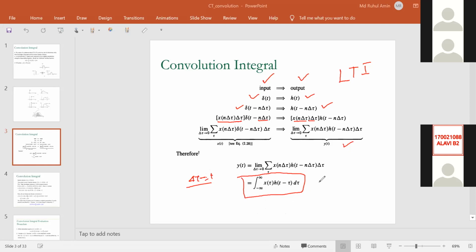We usually write it in short form as x(t) convolved with s(t). So this is your convolution integral. Like in the discrete time case, here you have to know your s(t). Unless your s(t) is available, this operation cannot be done.